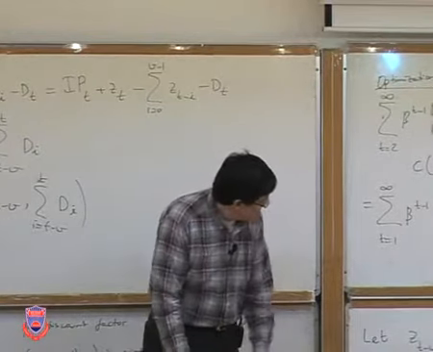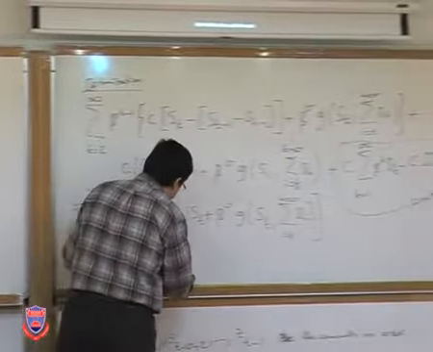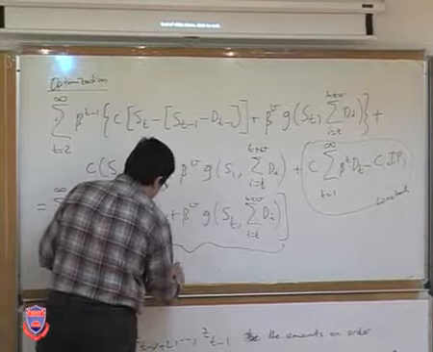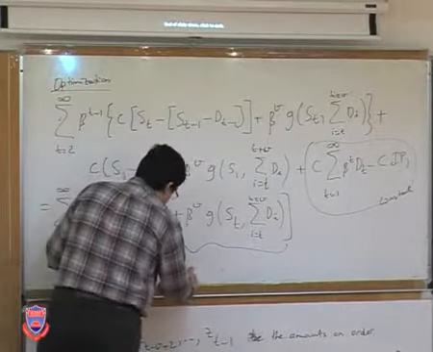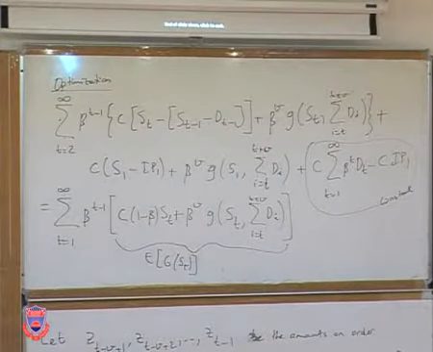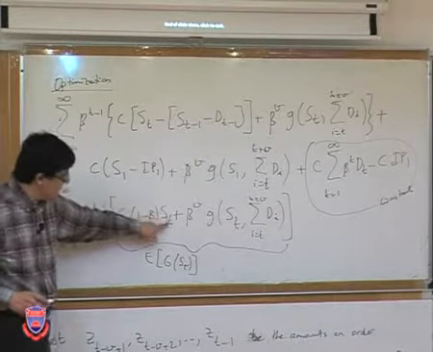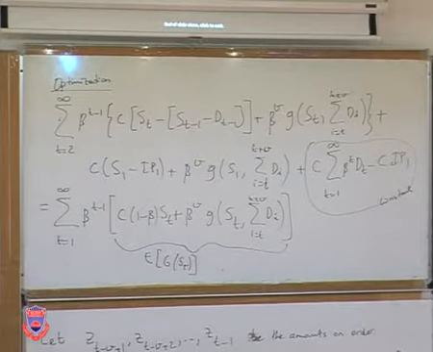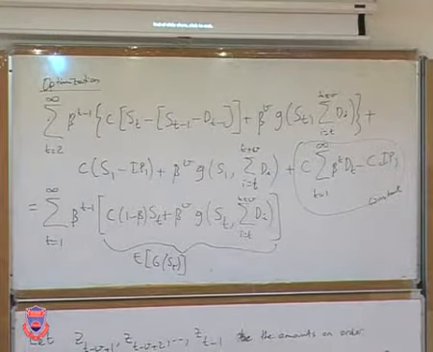Now you can say that this is the expected value of a certain function g(S_t). Okay? And so g(S_t) is going to be C times (1 minus beta) S_t plus all this term. And what is the solution to this?